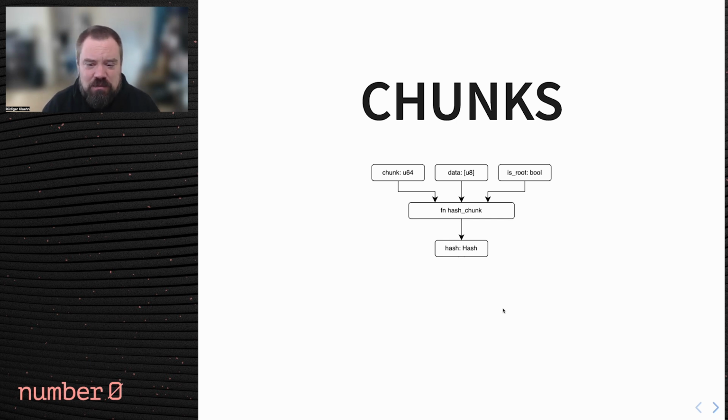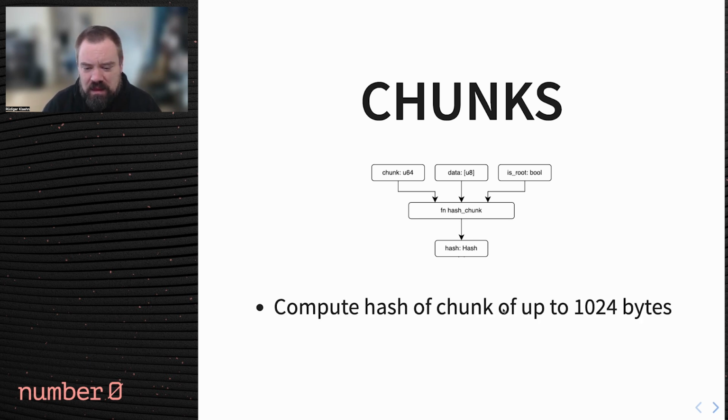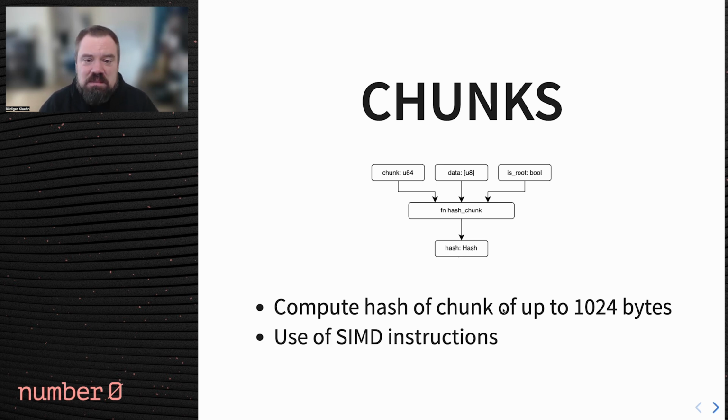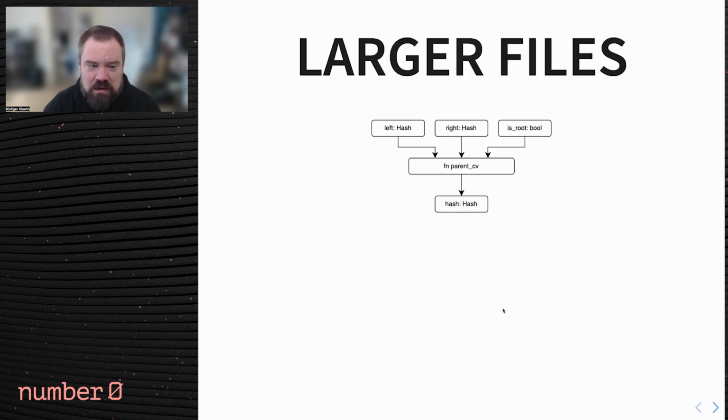A hash in case of BLAKE3 is a 32-byte blob. And during this computation, there's massive use of single instruction multiple data instructions. This is implemented for all kinds of architectures, so both ARM and x86, x64.